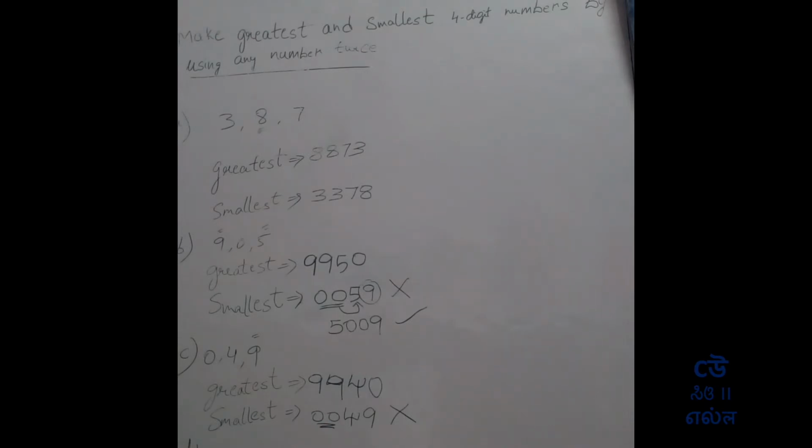So what should we do? We should shift these zeros after the next digit. That is, 4009 will be the answer. We are shifting 4 before the two zeros. So this will be the answer.